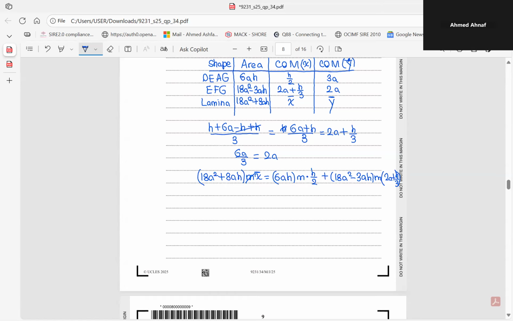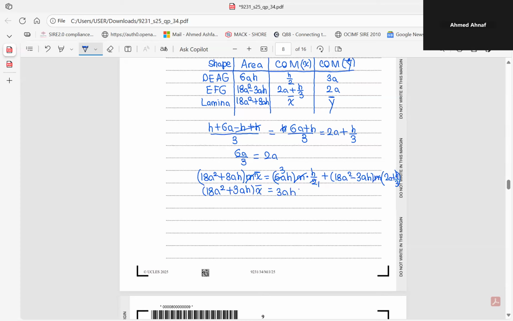So the M you can just immediately cancel out. So 18A squared plus 3AH times X bar.